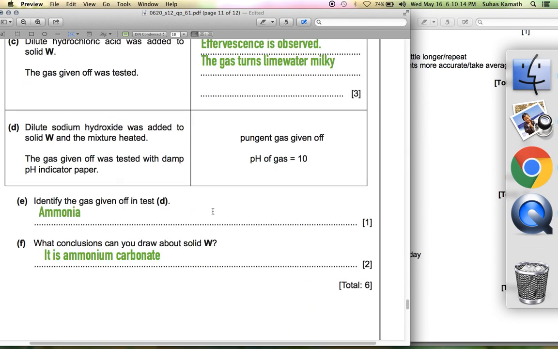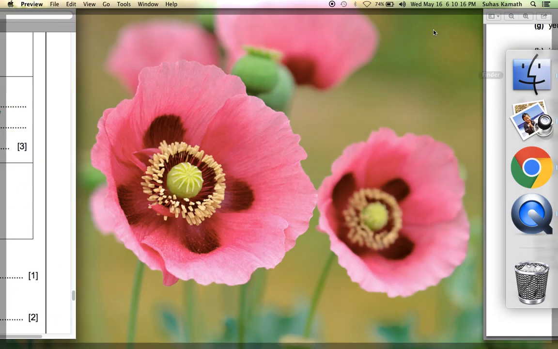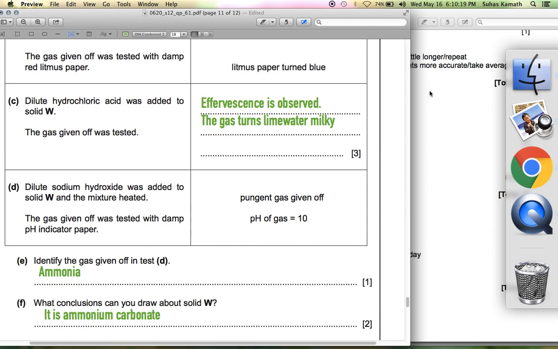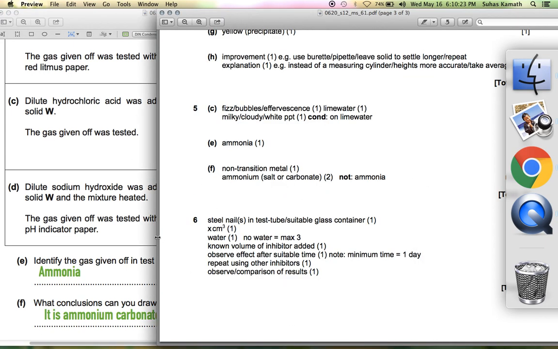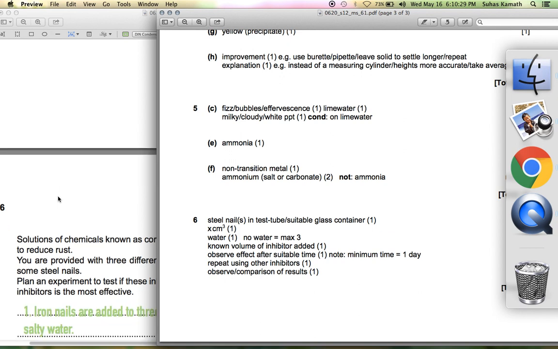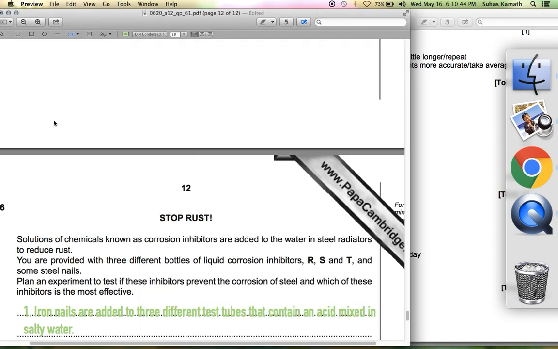So effervescence is observed, gas turns milky. So E is ammonia, non-transition metal, ammonium carbonate. So no water, you must add water, x cubic centimeters. Volume of inhibitor added, observed after suitable time, minimum time 1 day, repeat using other inhibitors, observe comparison of results.